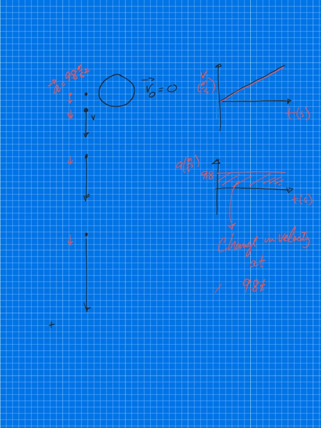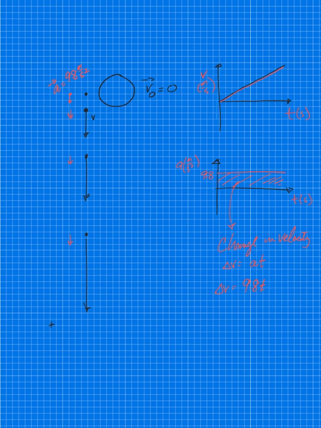Okay? So that's my change in velocity. And in this case, the change in velocity is going to be the same number as my change in speed, because I'm just moving in the positive direction. So maybe I'll simplify my life and say that's also a change in speed in this case.